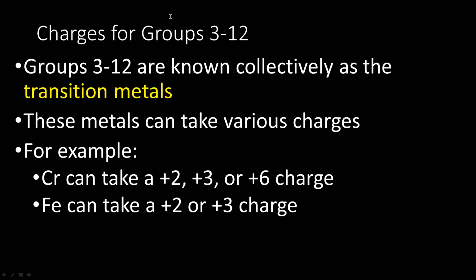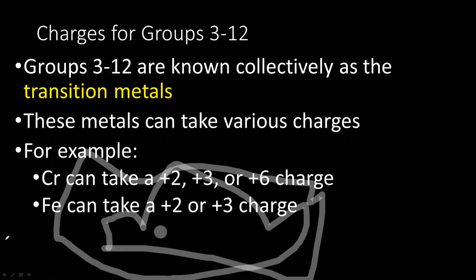What causes the various charges? The transition metals are really big, like they have a lot of electron cloud space, and the nucleus, if you think about it, like you have your nucleus in the middle, and then you have this weird kind of diffuse electron space out here.